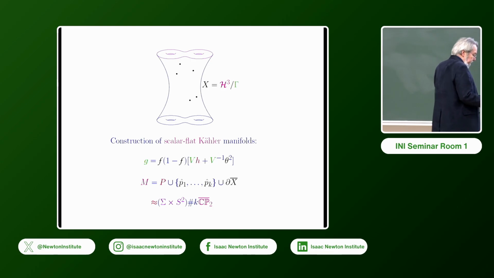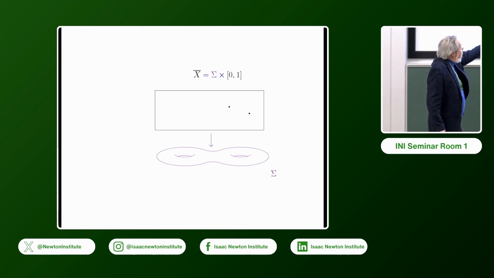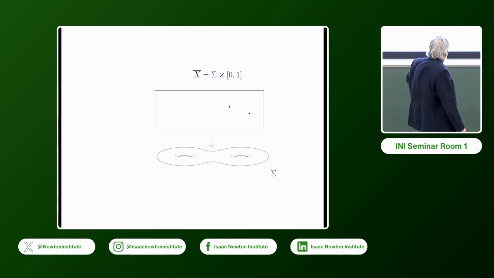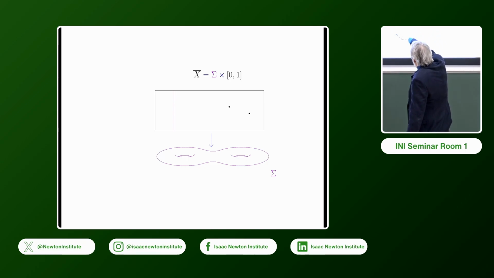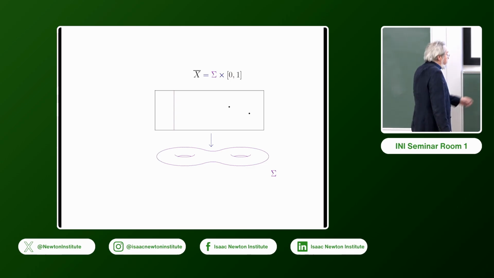And moreover, it's actually the blow up of the Riemann surface times a certain CP1 bundle. If this is the picture we think of, the 3-manifold is the product of the Riemann surface times the open interval from 0 to 1, the inverse image of a general point.